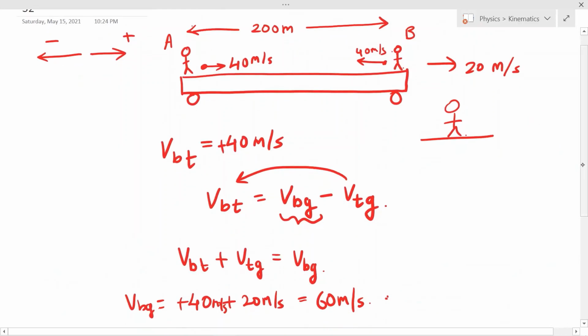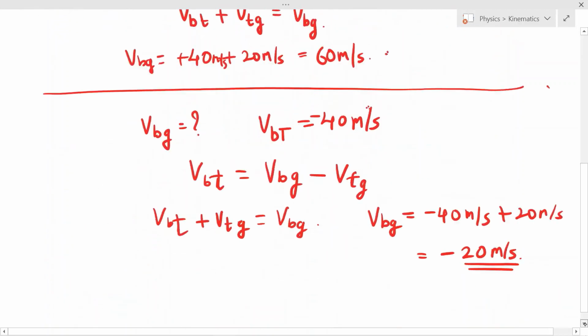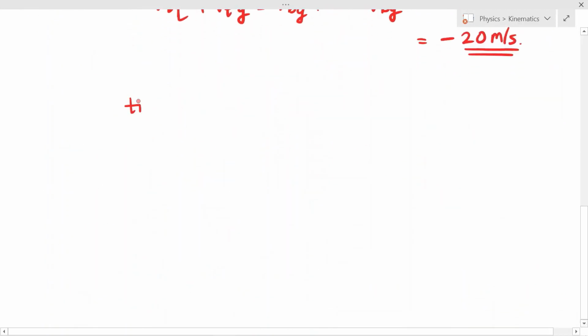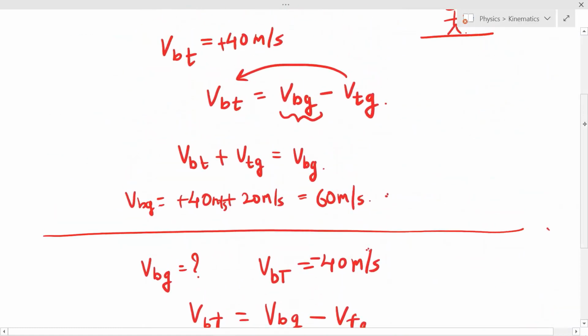Now what is the time taken by this ball to reach this person B from this person A? We know that this trolley is moving with a certain speed, 20 meter per second.